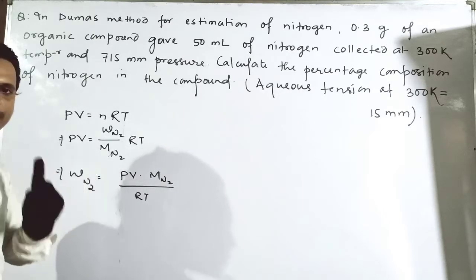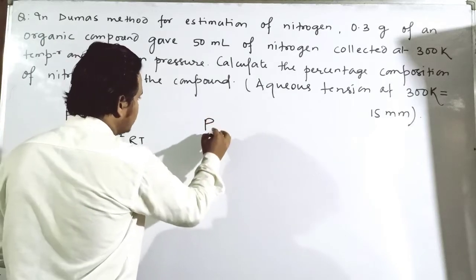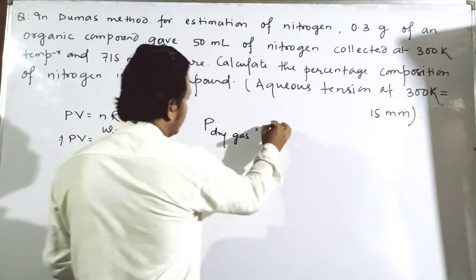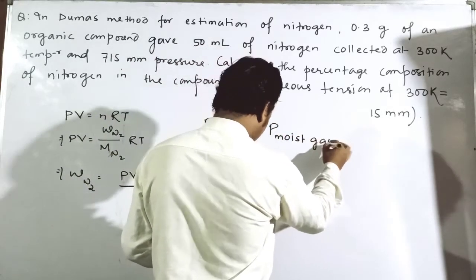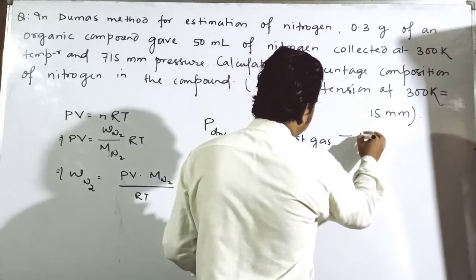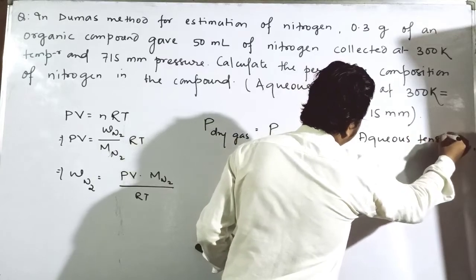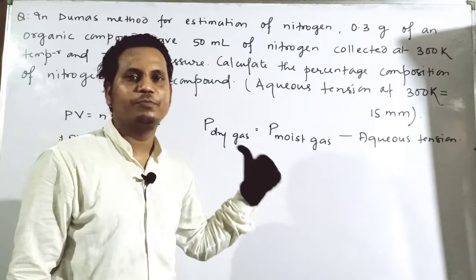First, pressure should be of dry gas. So how will we find pressure? The pressure of dry gas is equal to pressure of moist gas minus aqueous tension. Just now we have written the formula for finding pressure.